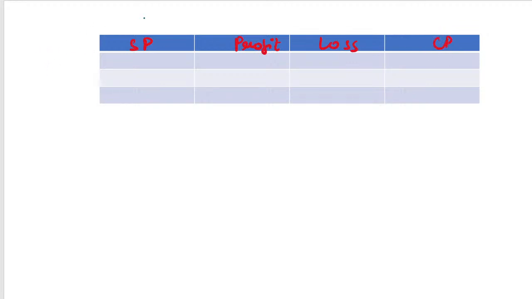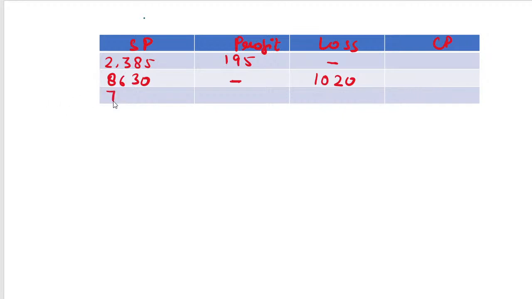So SP is given, that is 2385. Profit is 195. Loss is not there, so you have to find out the CP. Then amount is given, 8630, and profit is not given. Loss is given, that is 1020. So you have to find out the CP.